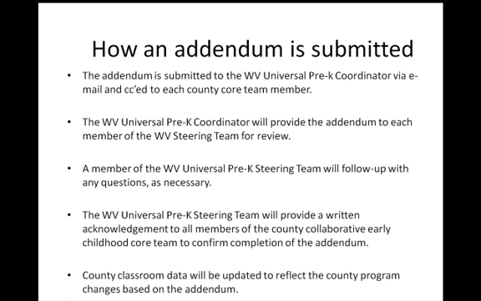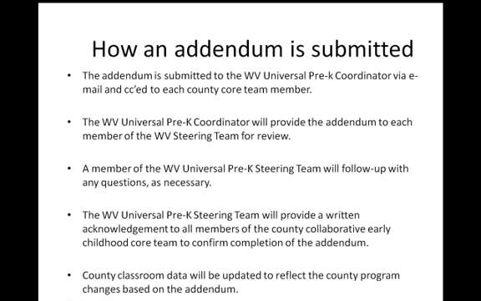Once the pre-K coordinator receives your addendum, it is forwarded to all members of the pre-K steering team for review. And this is where, as I mentioned before, we have a lot of back and forth about signatures, understanding what they look like, and whether this is actually a core team member. Or we often contact counties to get clarification because we don't necessarily understand the reason or purpose of the change.